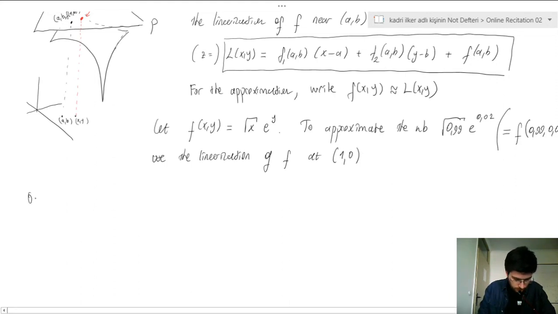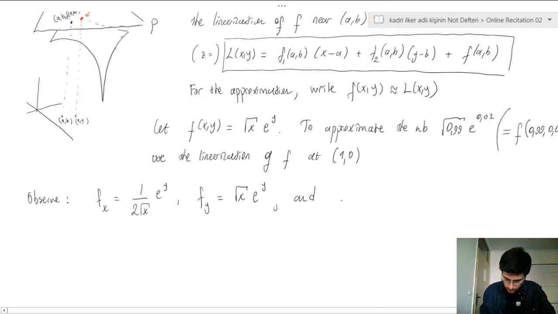Just observe that f sub x is something like this, right? So it's easy, no problem. And f sub y is exactly the same thing, right? So when we compute f sub x at (1, 0), this is 1 over 2, and f sub y at (1, 0), this is 1.